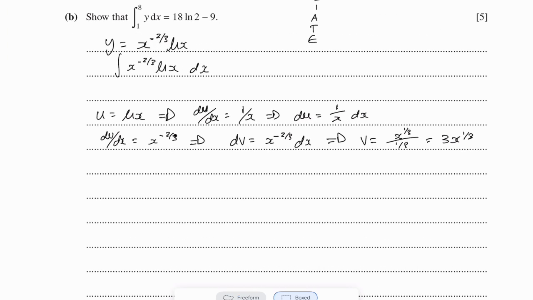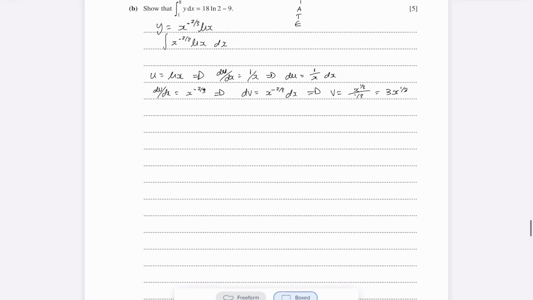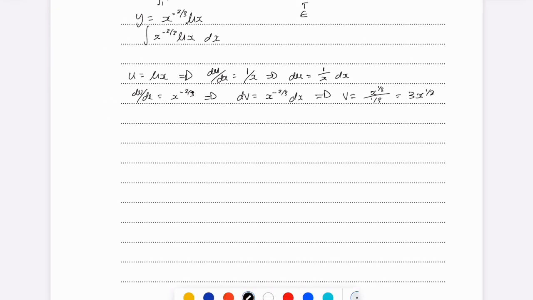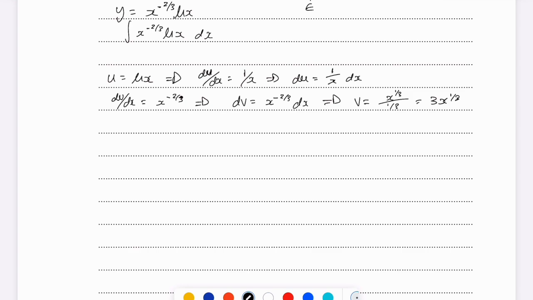So we've got that bit now. And so what can we say? Well, we're going to put it all together, because remember, we've got uv minus the integral v du.